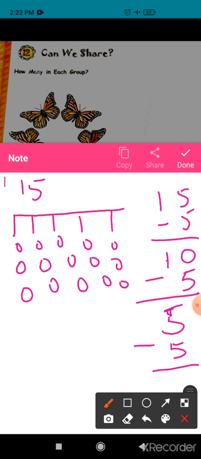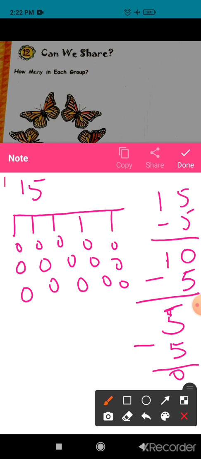Children, here you can see you have distributed the chocolates 3 times. It means each of your friends will get 3 chocolates. Right?